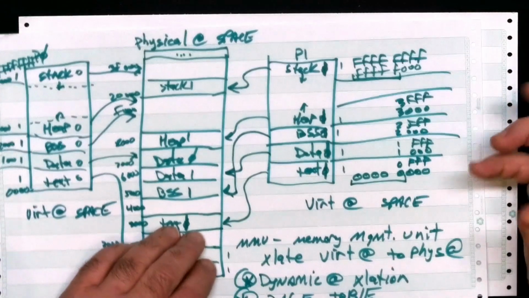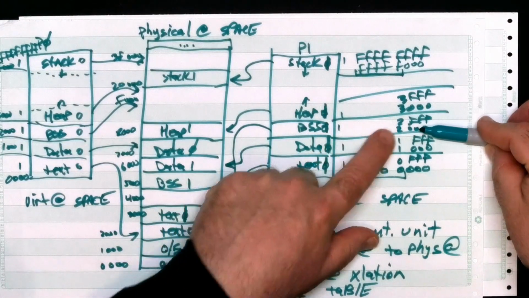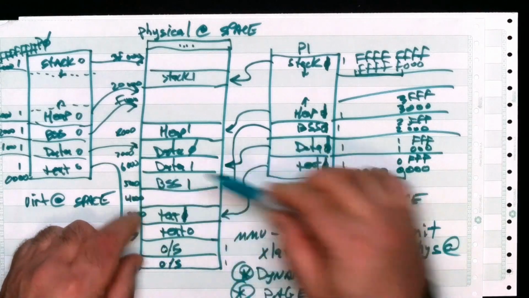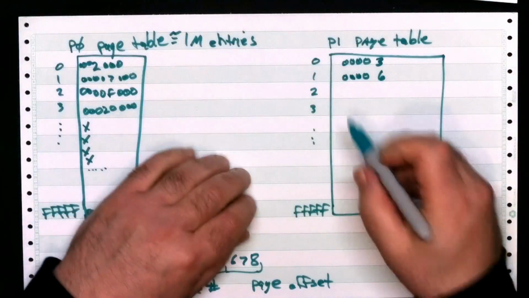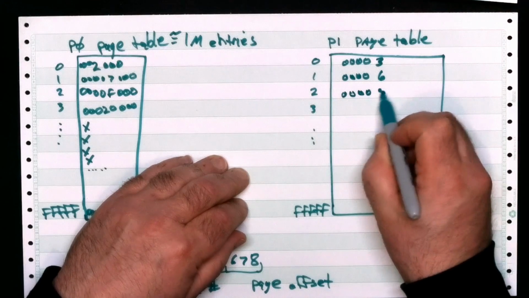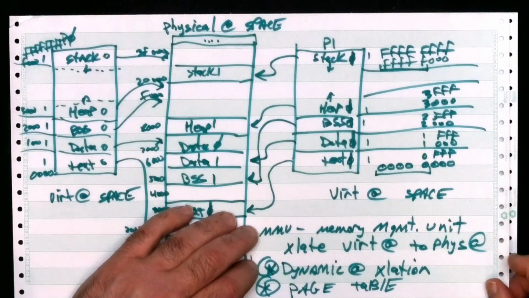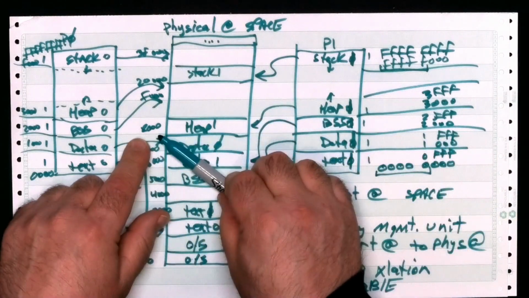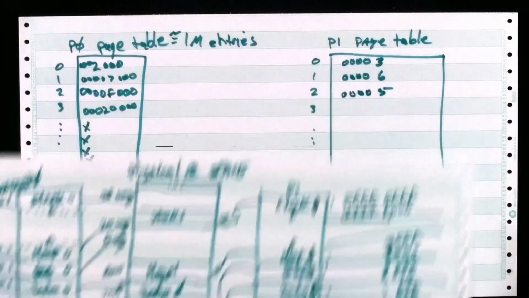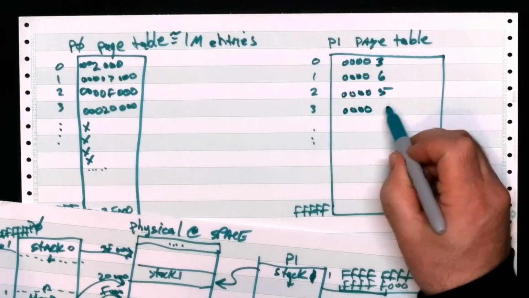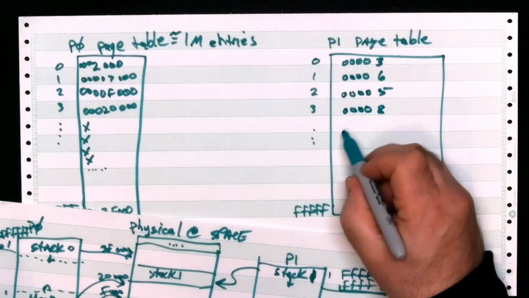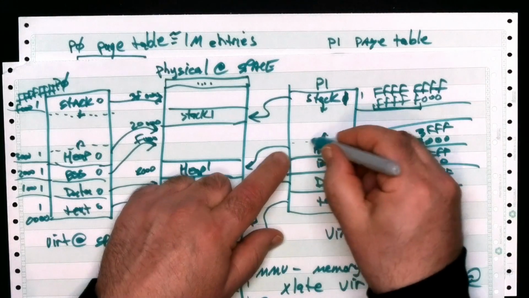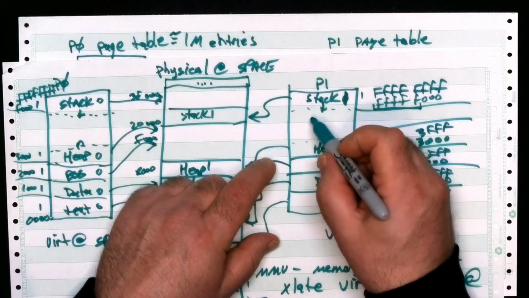What about the next one? Virtual page number 2 is mapped over here to physical page number 5. 00005. Next, virtual page 3, physical page 8. 00008, and so on. All these would be marked invalid because nothing in here is currently in use, right?